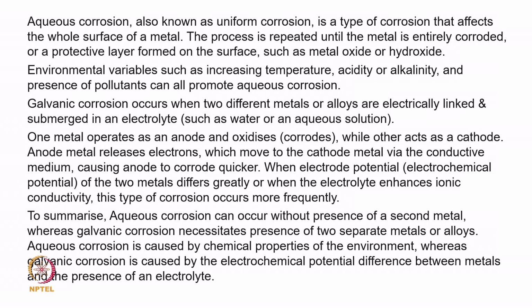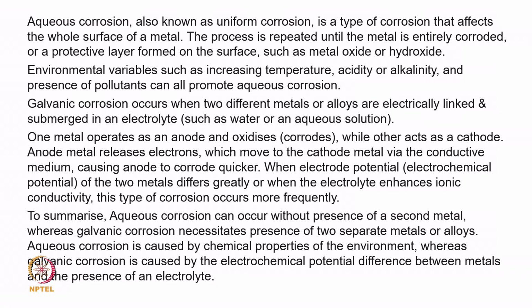Now, to summarize, aqueous corrosion can occur without the presence of a second metal, while galvanic corrosion cannot. So, galvanic corrosion necessitates the presence of two separate metals or alloys, and that is why I am giving these two separate categories. I do not want to keep them in the same category.